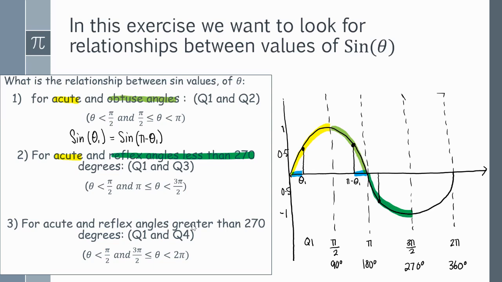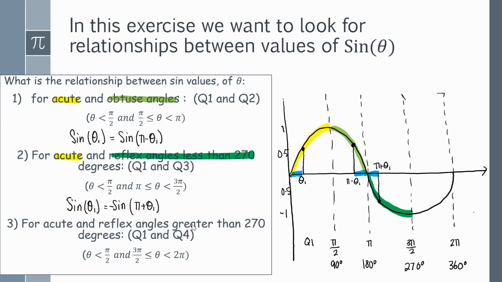And again, the distance along the theta axis looks like it'll be pi plus theta 1. And then I have something cool. I could say that sine of theta 1, again, this acute angle, is equal to the negative value of sine of pi plus theta 1. So I have sine theta 1 equals negative sine of pi plus theta 1. Again, some interesting symmetry happening.